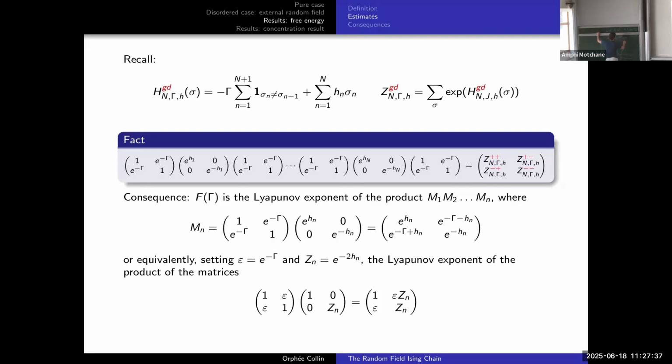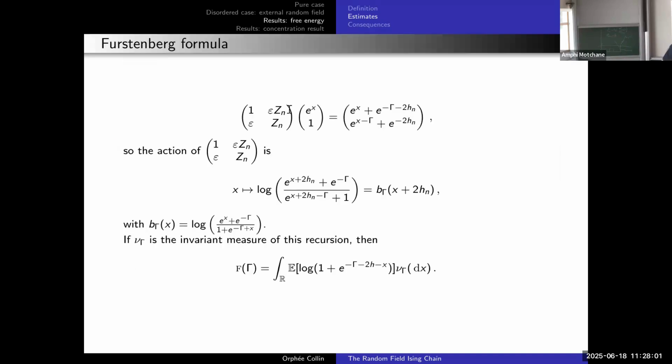So the recursion satisfied by this process L in terms of the variable L is exactly what I mentioned earlier, which is this action.